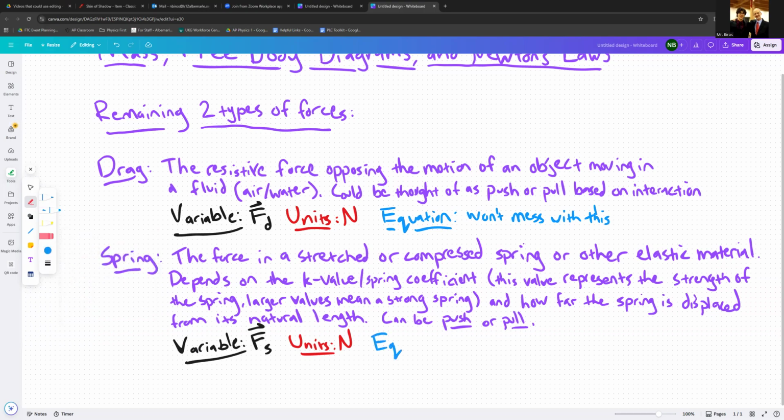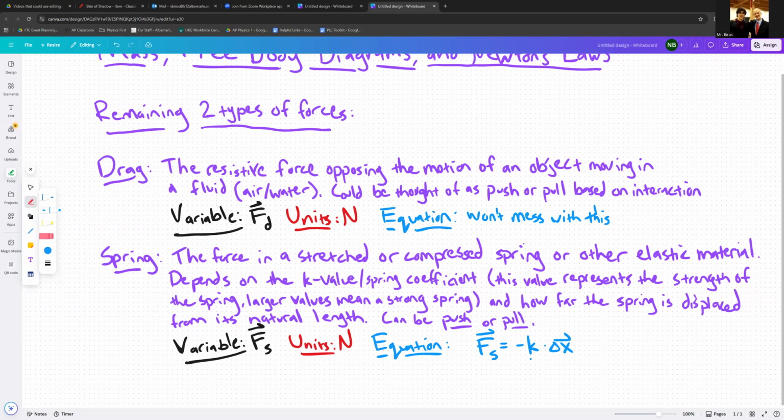So our equation says that the amount of spring force, Fs, is equal to the negative K delta X.